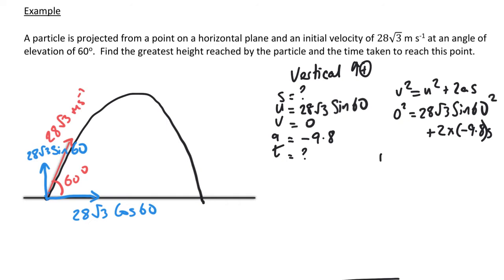What we have then is 19.6s equals 1764. Dividing by 19.6, we get s to be 90 meters.